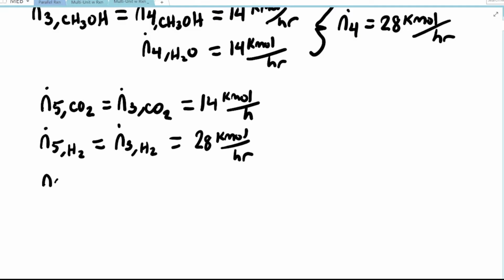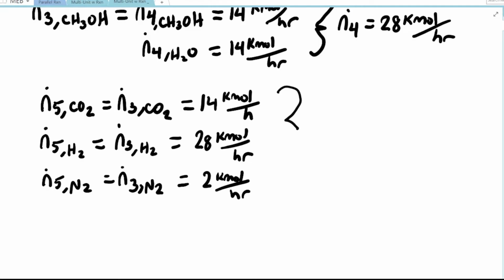And finally, we've got N5 N2 equaling N3 N2 equals 2 kilomoles per hour. And just like stream 4, I'm going to tabulate all of that to get my N5 dot, which is going to be 44 kilomoles per hour.